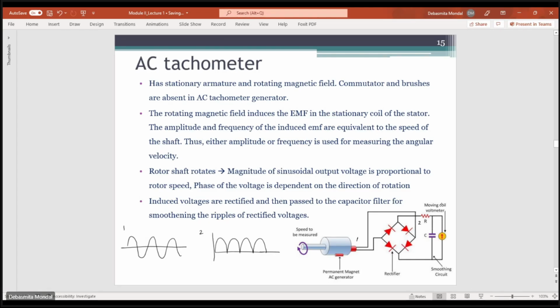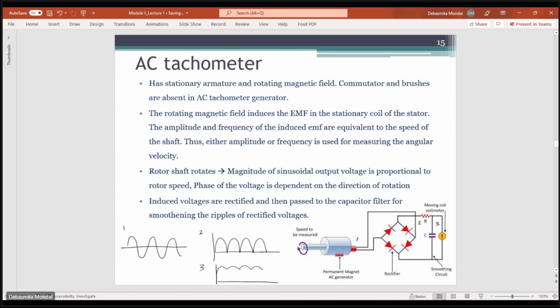Here you see that there are lots of ripples. Using this capacitive filter, we try to minimize the ripples as much as possible so that we get a more or less constant value of the output voltage.